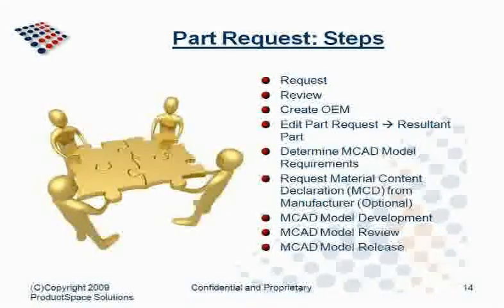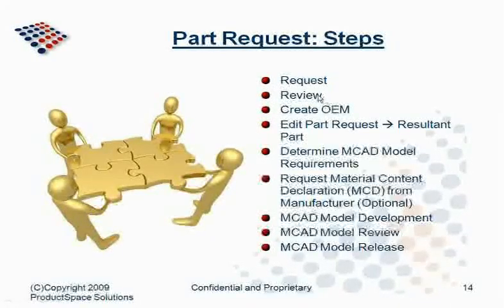This is the basic list of elements that occur in the workflow for launching a part request. So the first step you do is launch the request. After you launch the request, you have someone on your team review the actual details of the request to make sure that it's a valid request to, say, add that bolt into your system.